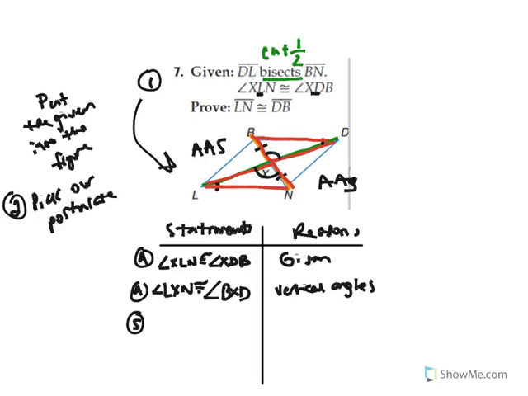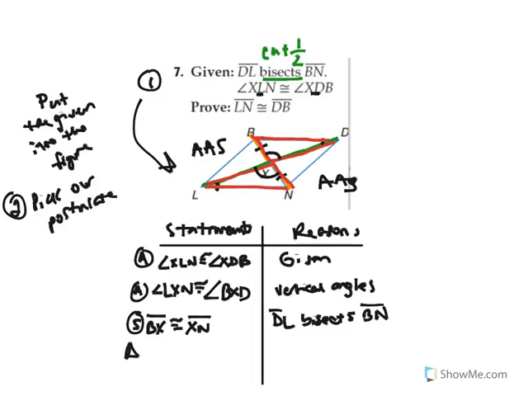Finally, the side that we want to prove is that BX is congruent to XN, side BX is congruent to side XN. And we know that because DL bisects BN. And when you bisect something, you cut it in half. So we know that it creates two equal sides.